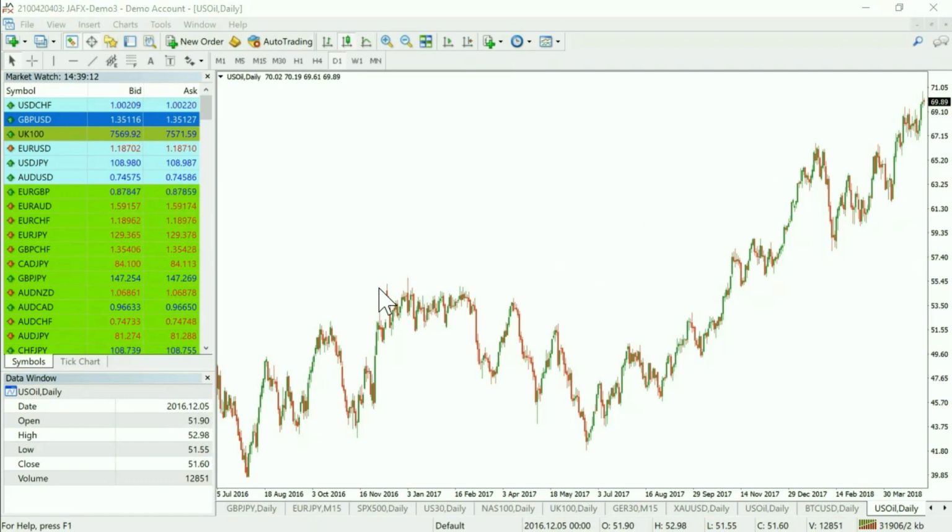There are significant fundamental reasons for this price move from $40 to $70. As a point of interest, it's to do with OPEC and non-OPEC countries agreeing to restrict the supply of oil in order to push the prices to the upside. So it's a very volatile, fast-paced, very fast-moving market, but it has been moving to the upside as a result of fundamental developments in this particular market.